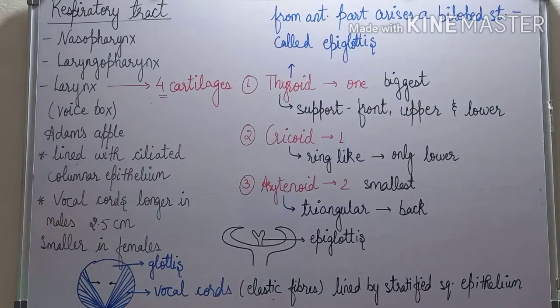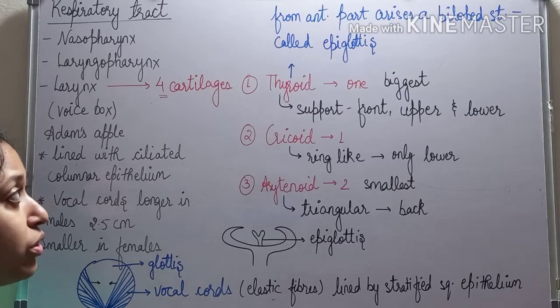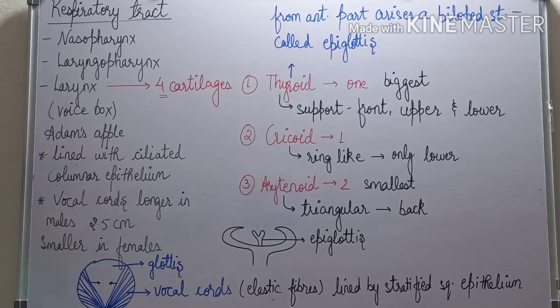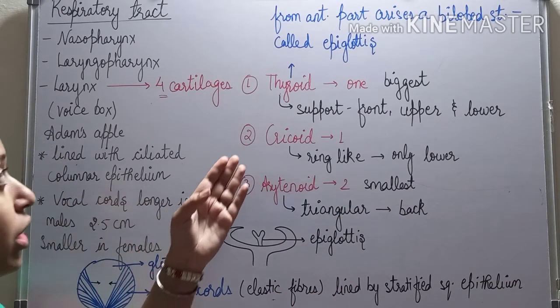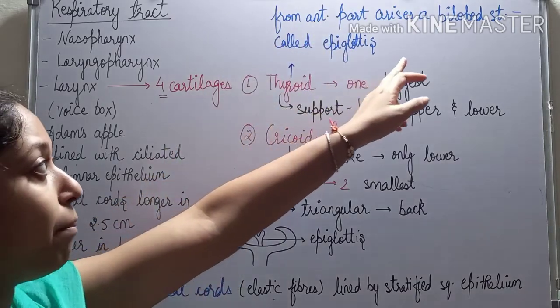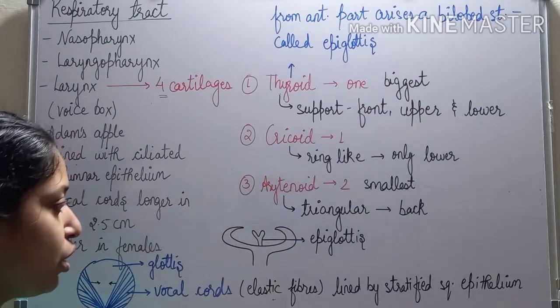Total 4 cartilages are present. Now the thyroid cartilage is the biggest cartilage and the arytenoids are the smallest ones. From the anterior part of the thyroid arises a bilobed structure called the epiglottis.